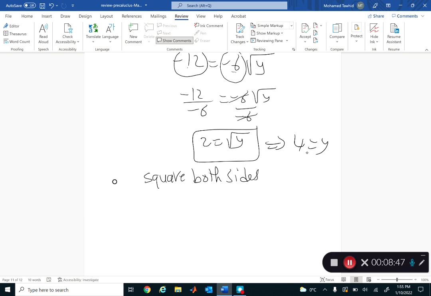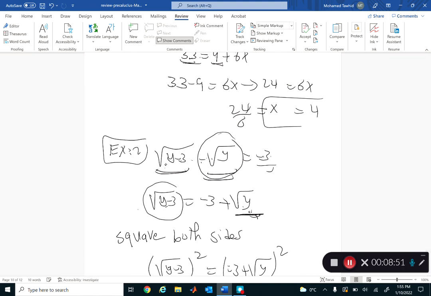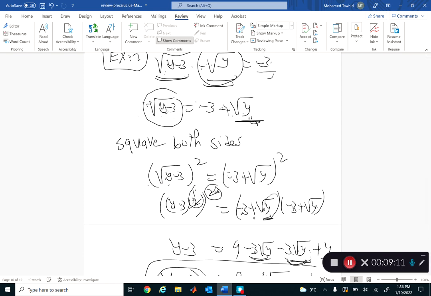So if I summarize what I have here for this problem, I have 2 radical terms. Because you start with 2 radical terms, you make them 1. How to do it? Just the same idea: put the radical term on one side, take the other terms to the other side. That's what I did. Square both sides, but when I square both sides, I get rid of one of these radical terms.